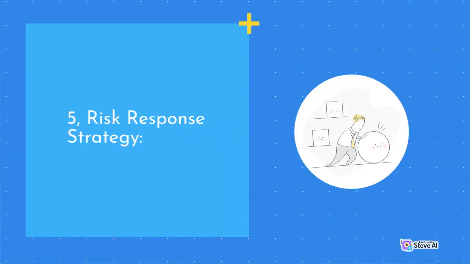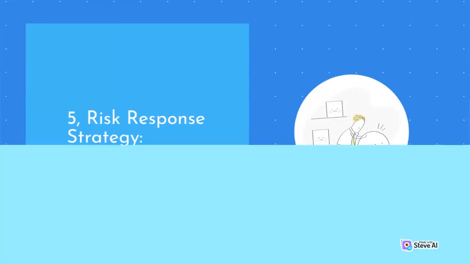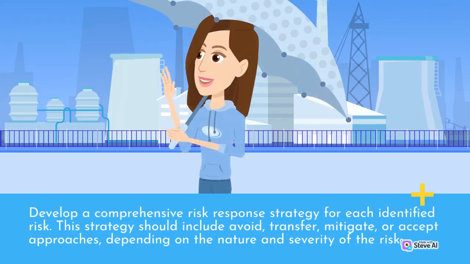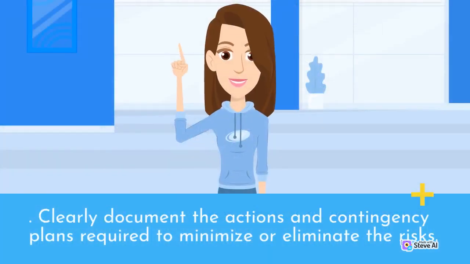Risk response strategy. Develop a comprehensive risk response strategy for each identified risk. This strategy should include avoid, transfer, mitigate, or accept approaches, depending on the nature and severity of the risk. Clearly document the actions and contingency plans required to minimize or eliminate the risks.